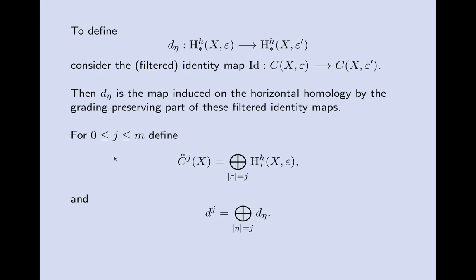With this definition in hand, we can then define, for homological degree j between 0 and m, these Uber complexes of X, which are just going to be the sum over all the horizontal homologies whose weight of the coloring is precisely j, and by this I mean the number of white vertices, which is the number of zeros inside the string epsilon, seen as a string inside 2 to the m.